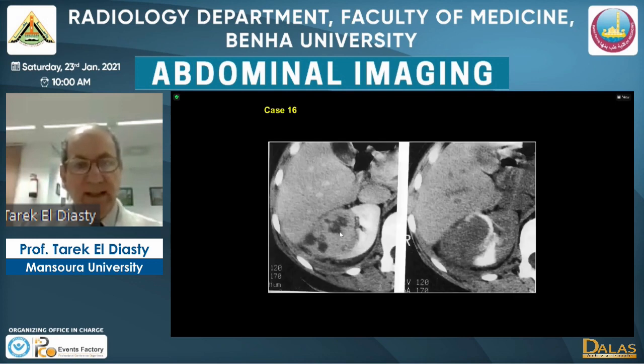What about this nephrographic phase image and the delayed phase image? This is a mass of low attenuation with some hypodensities suggesting cystic degeneration here. Washout on the delayed excretory phase, but with persistent contrast here surrounding the lesion.